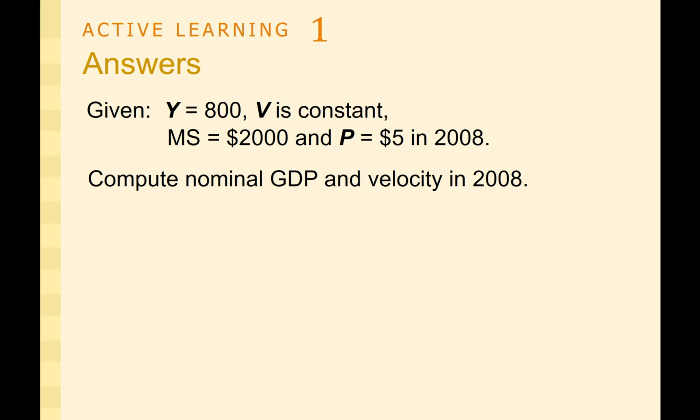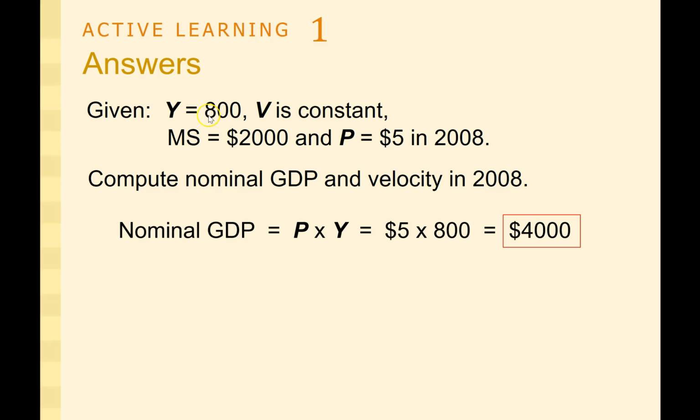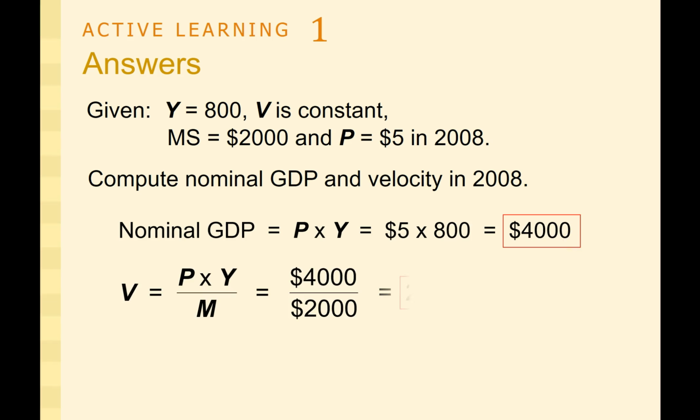So the answer is that we have all the information up here. Let's calculate. Our nominal GDP is going to be our $5 per bushel times the 800 bushels produced. So measured in dollars, $4,000. The velocity, using our velocity formula, is 2.